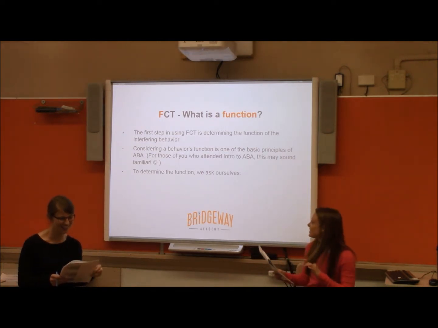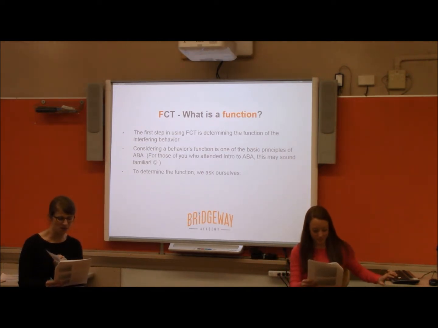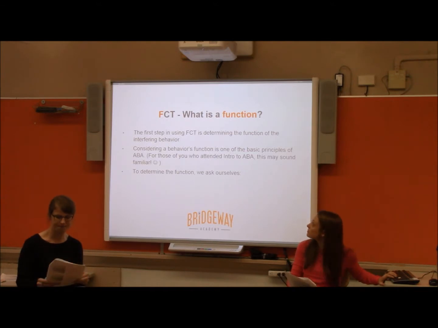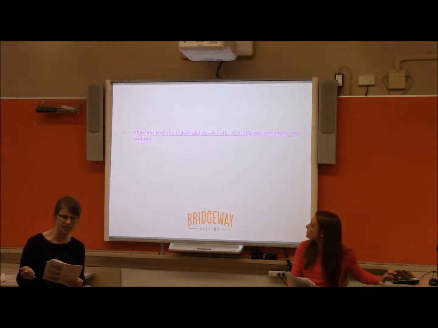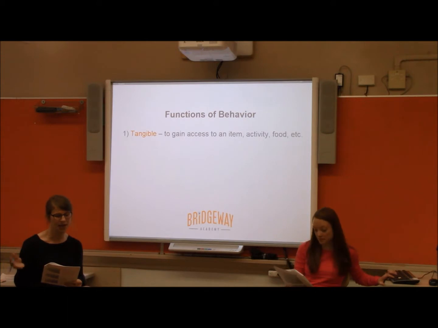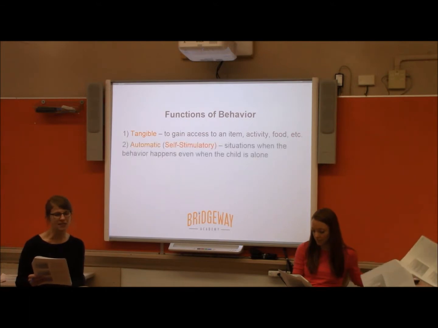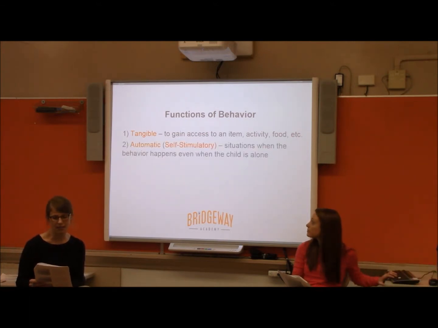specifics next. So there are 4 functions of behavior. Tangible is to gain access to an item, activity, or food. So that behavior occurs to get the tangible item. Automatic or self-stimulatory is for situations where the behavior happens when the child is alone.